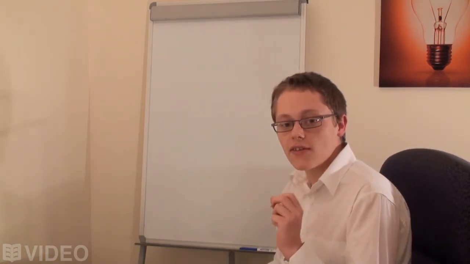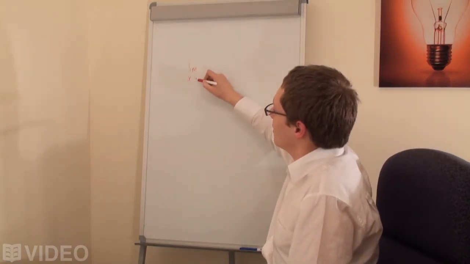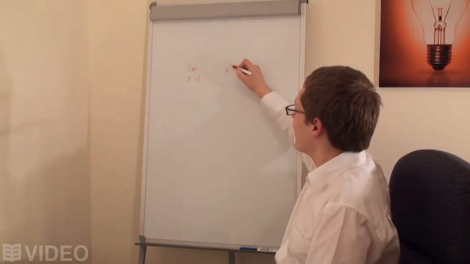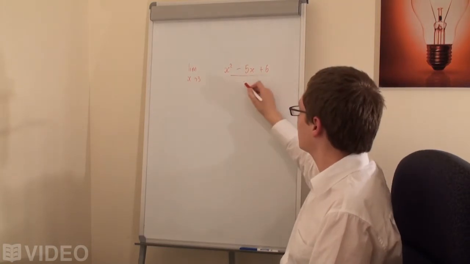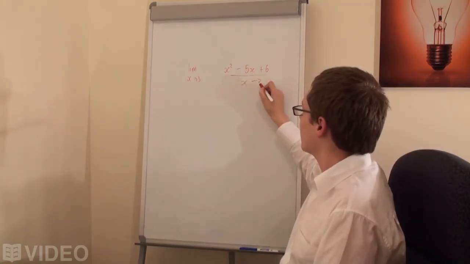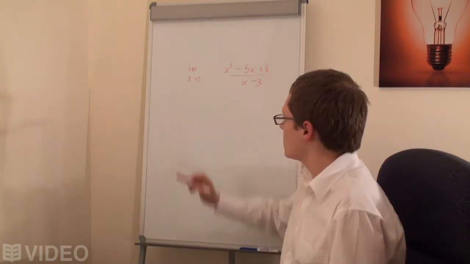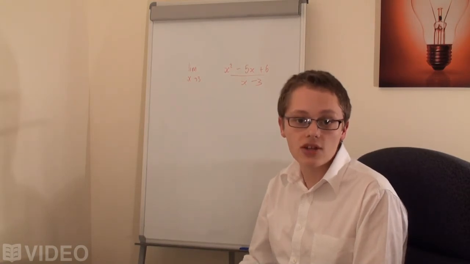So let's actually have a look at an example here. Let's find the limit as x approaches 3 for x squared, take 5x plus 6 over x, take 3. Right off, we know there is a problem, because if we substitute x as 3, we're going to have a denominator of 0.